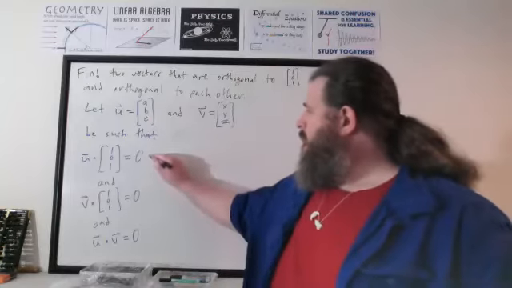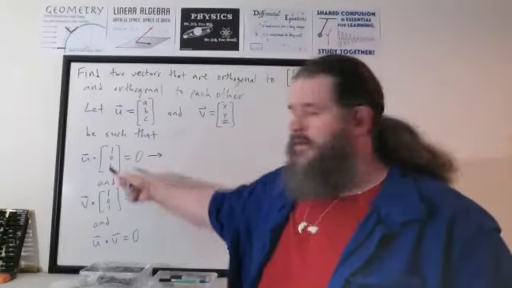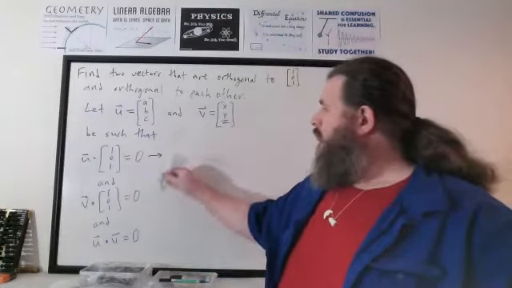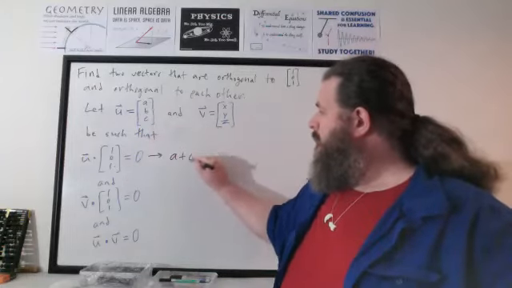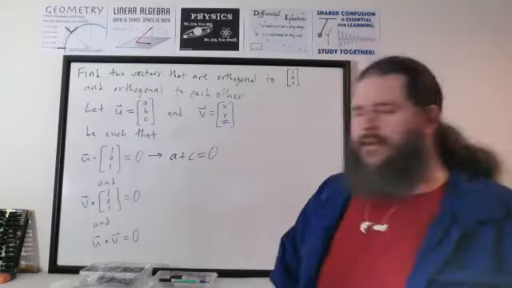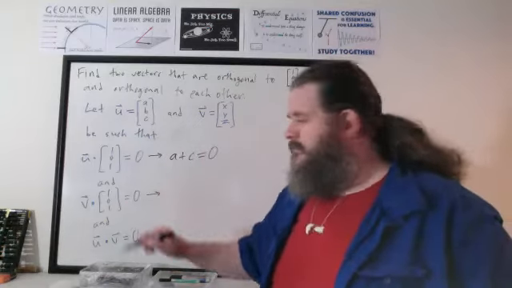A plus c. Yeah, a times 1 plus b times 0 plus c times 1 is just a plus c. So in order for this to be true, we know a plus c must equal 0. And likewise, if we write out v dot 1, 0, 1, what would you get?